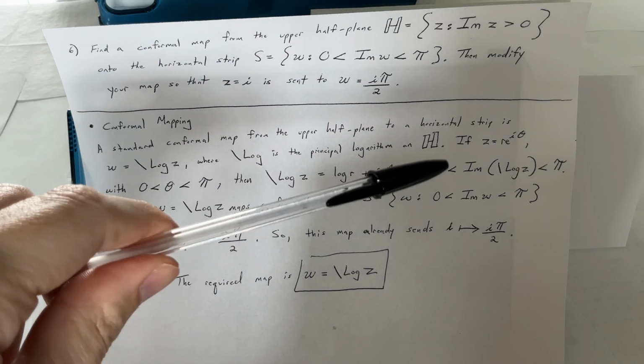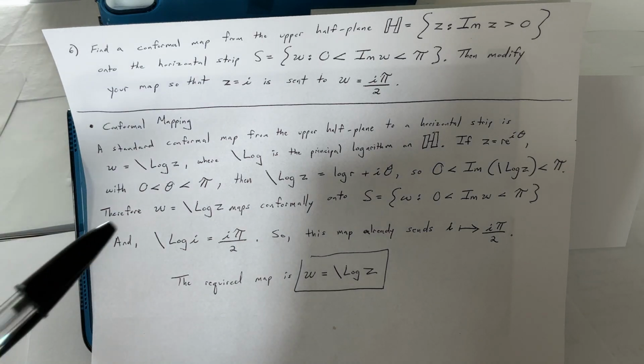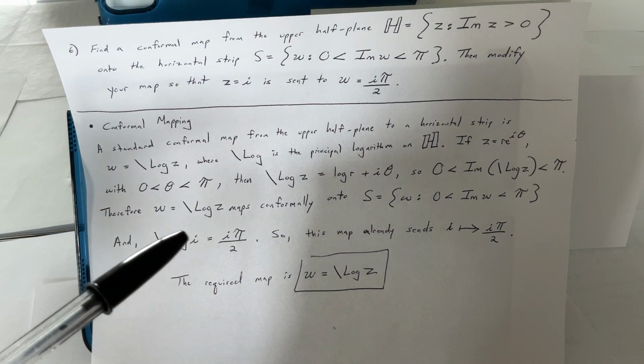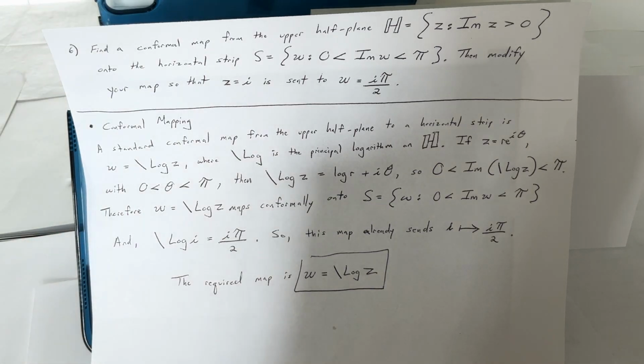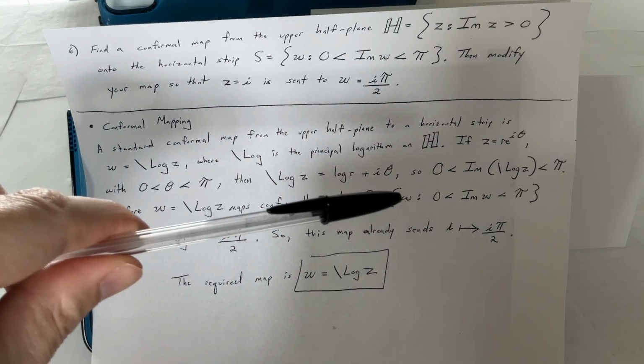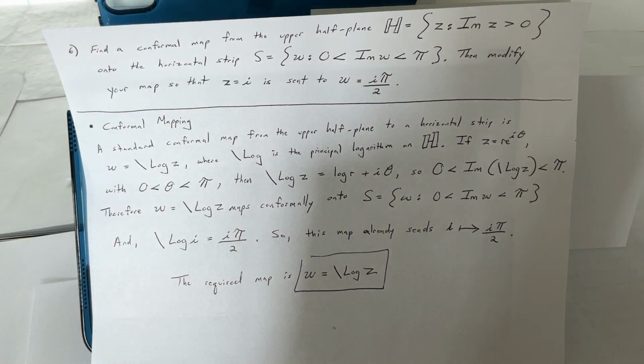So we get 0 less than the imaginary part of the principal log z less than pi. Therefore w equals the principal log z maps conformally onto S, the set of w such that 0 is less than the imaginary part of w less than pi.